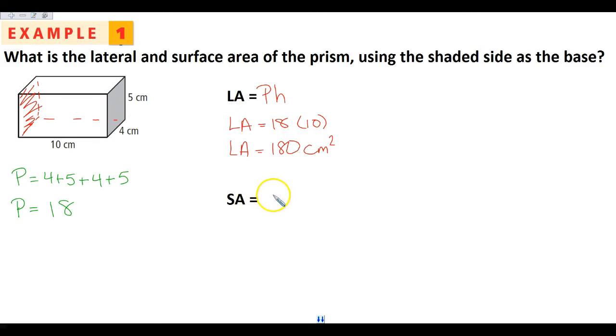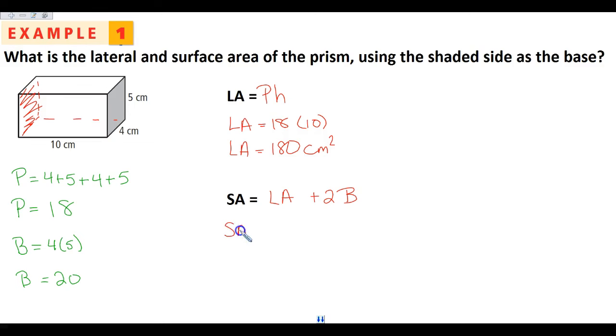Now, my surface area is going to be lateral area plus 2 times area of the base. So I'm going to need my area of the base. Since it's a rectangle, it's base times height, so 4 times 5. So the area of my base is 20.